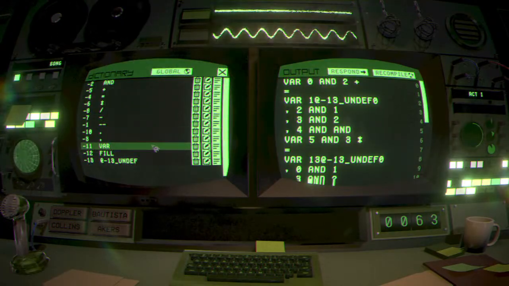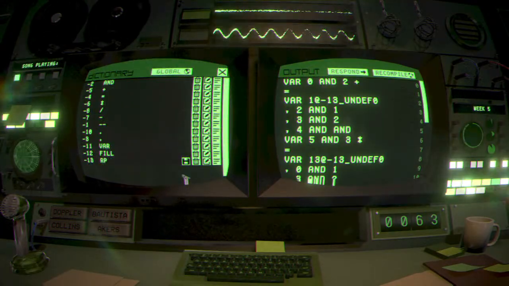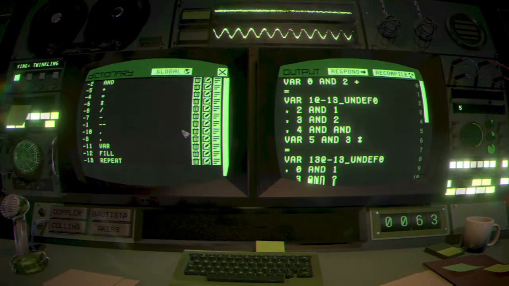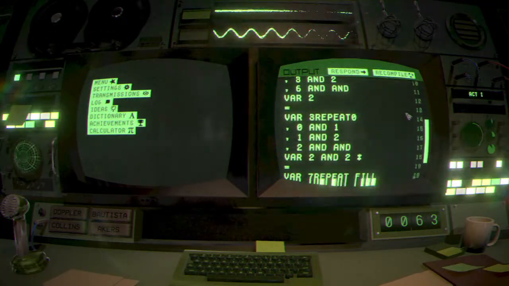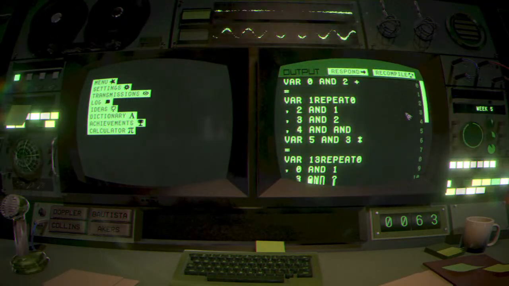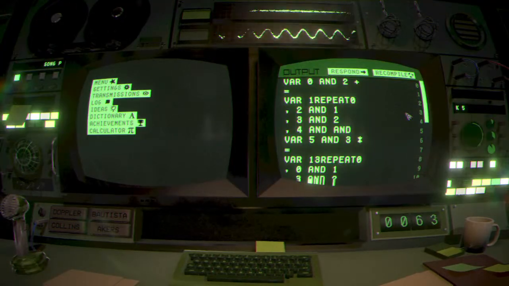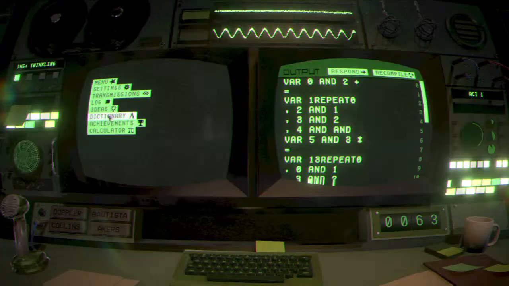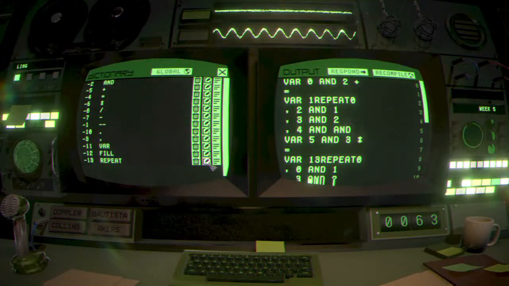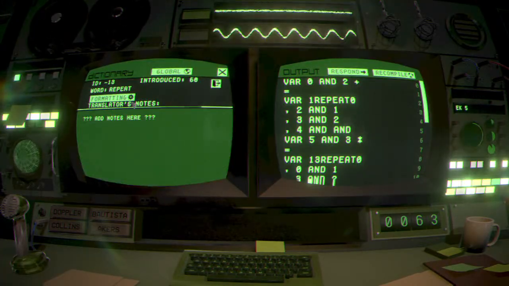So this dictionary, it's something like repeat, I think. And then I format this.